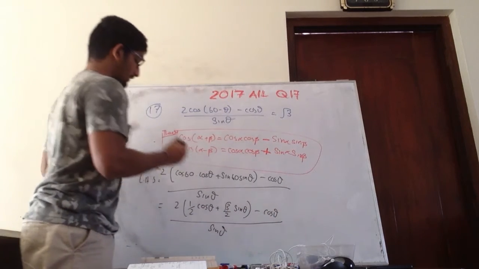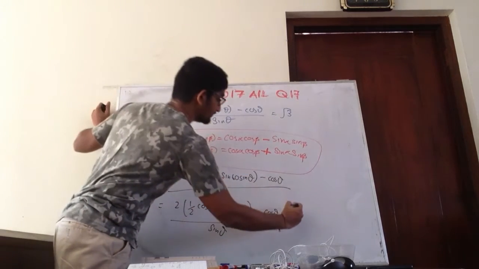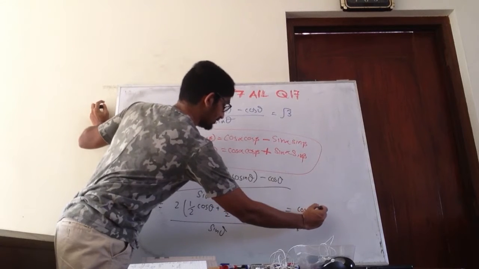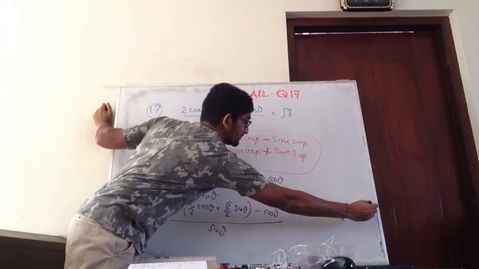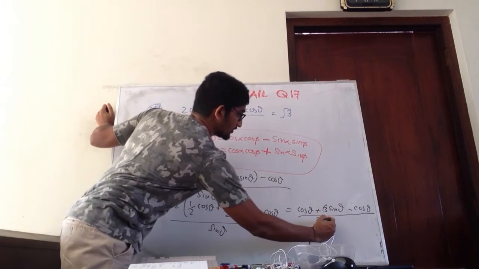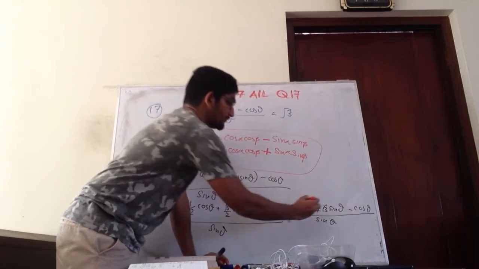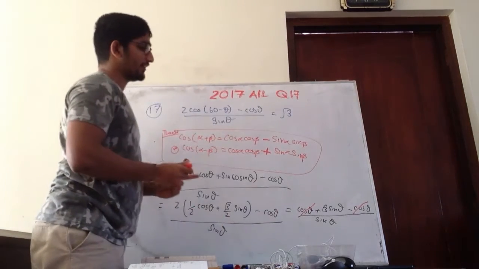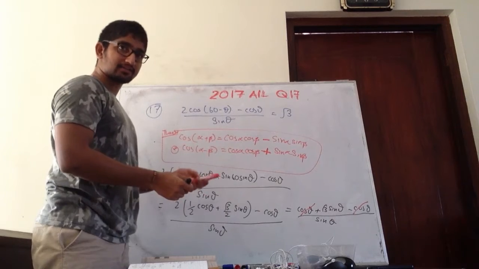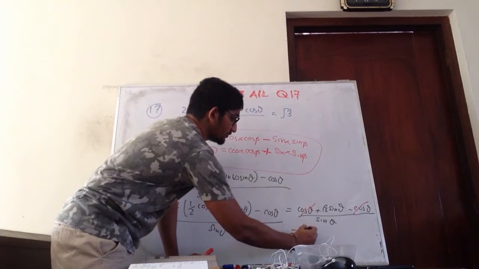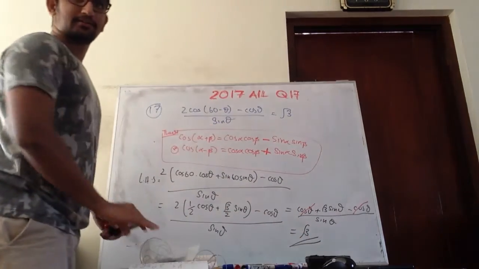If I expand this, it becomes cos theta plus square root 3 sin theta minus cos theta, over sin theta. So I can cut these off, then I am remaining with square root 3 sin theta over sin theta. I can cut the sin theta off as well, then I will get square root 3.